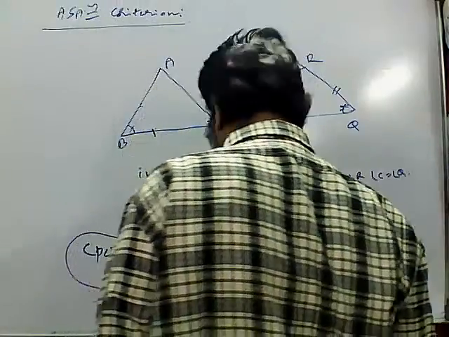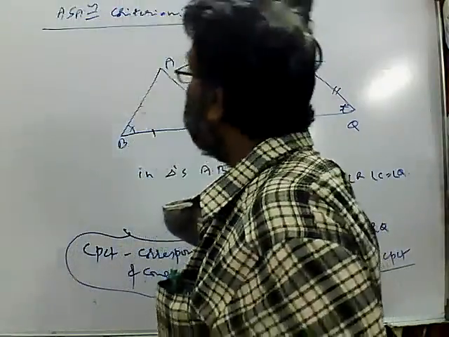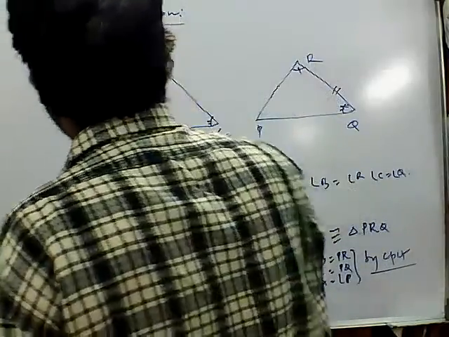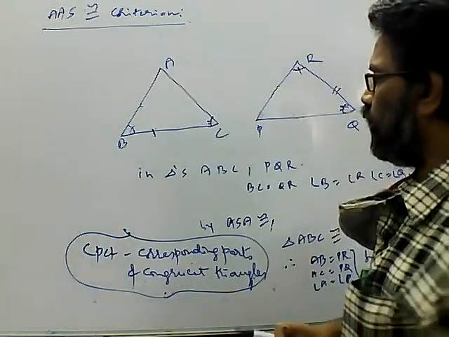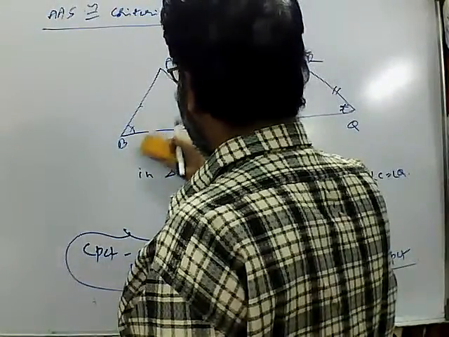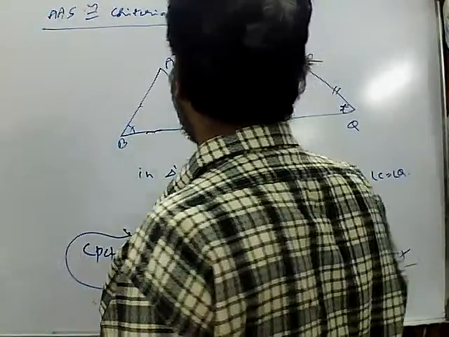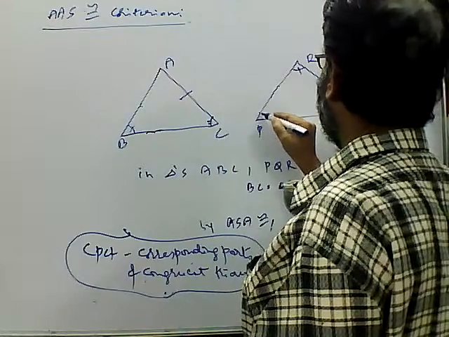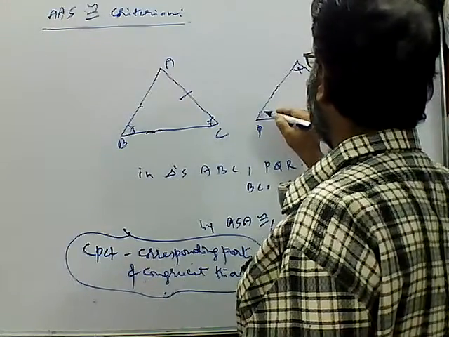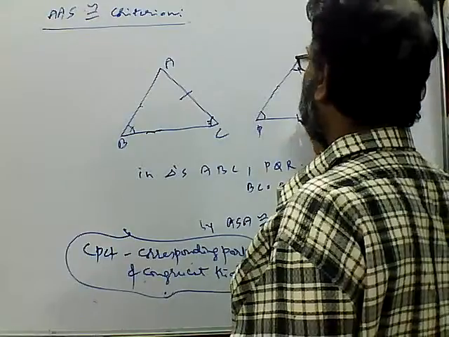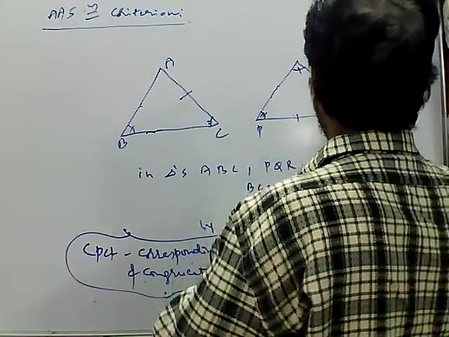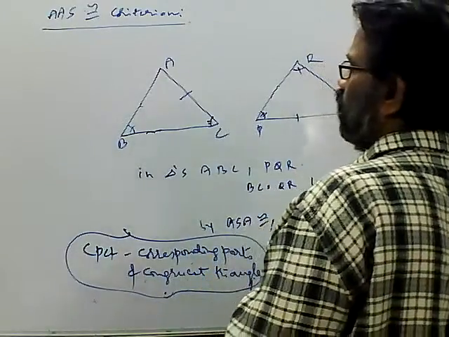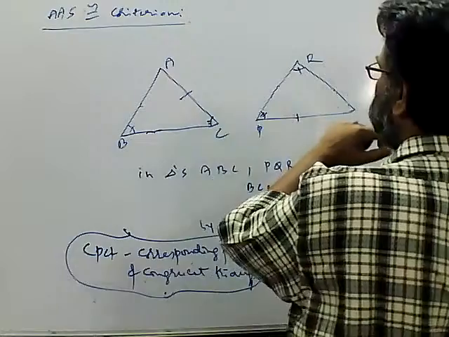Next one. We'll go for the next case, AAS congruency criteria. Two angles followed by a side. Now here two angles are there and here a side. Here also two angles and a side.